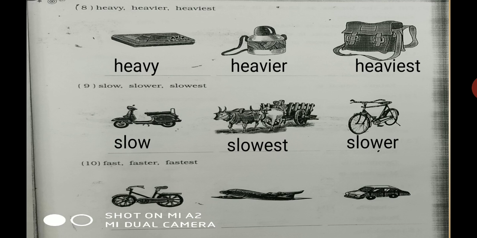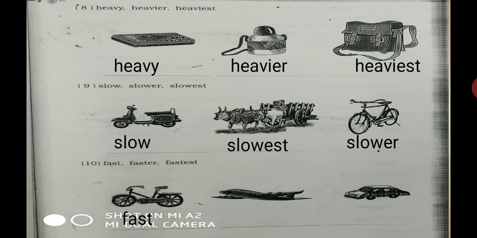Now just hide the aeroplane and compare the other 2 vehicles. Which are they? Cycle and car. Now just think and compare which is faster between them. Yes, of course, the car, and cycle is fast. So what will be the answer?